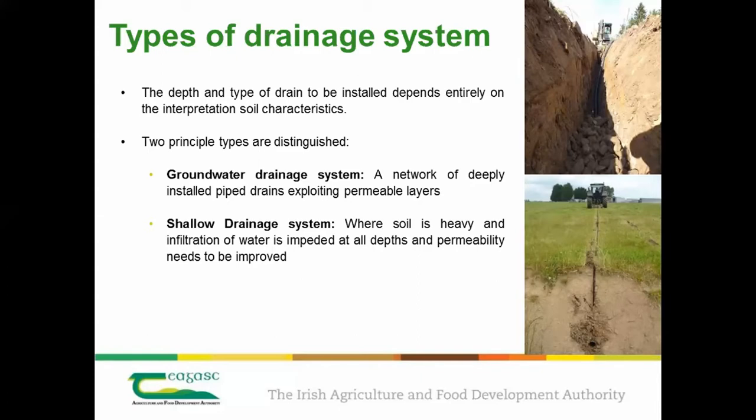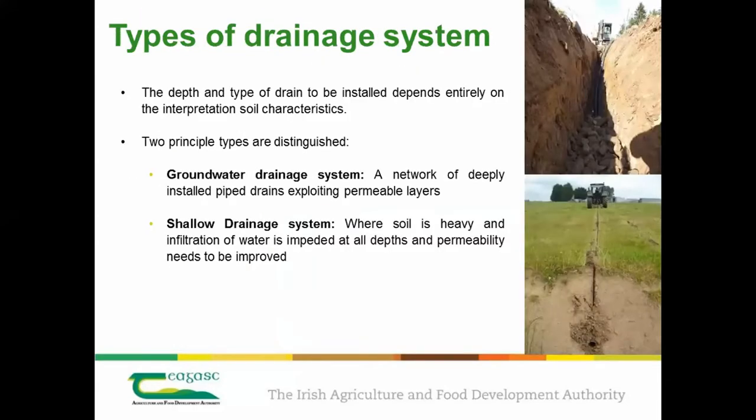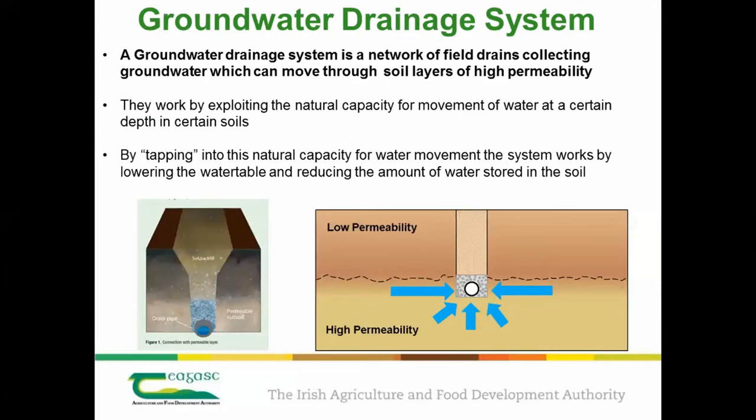A groundwater drainage system, a network of deeply installed pipe drains exploiting permeable layers, and a shallow drainage system. If your soil is heavy and infiltration of water is impeded, then permeability needs to be improved at all depths. So there's a system that's suited for that. So again, there are systems that can be put in place to drain these soils, and that's what we have been pushing in terms of the demonstration sites and heavy soils programs for the last couple of years.